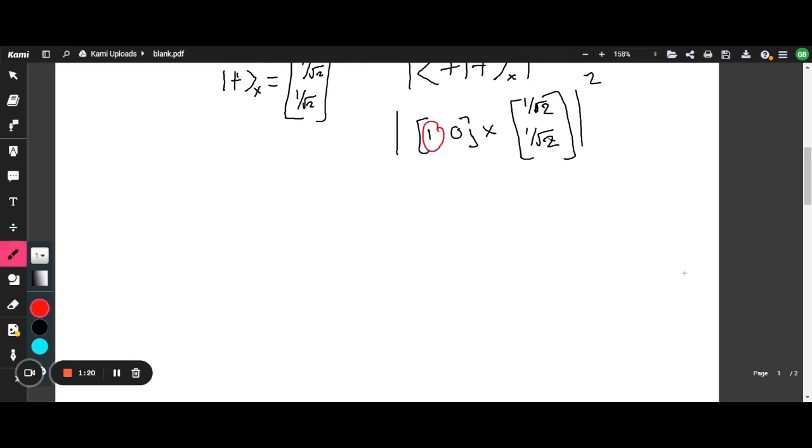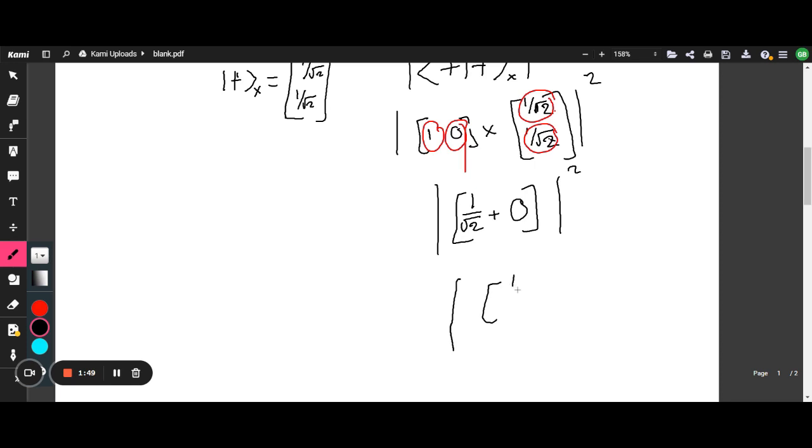So 1 multiplies with 1 over square root 2, which gives us 1 over square root 2 plus 0 multiplied by 1 over square root 2, which gives us 0. And then that just leaves us with 1 over square root 2, which is just equal to 1/2.